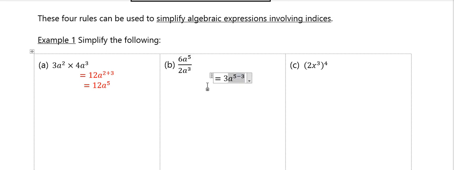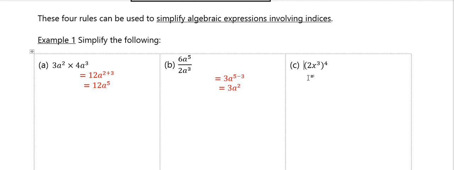So 3a to the power 5 minus 3. The 5 minus 3 is already simple, so for your final answer, you will have 3a to the power 2. It's clear, right? Next one.